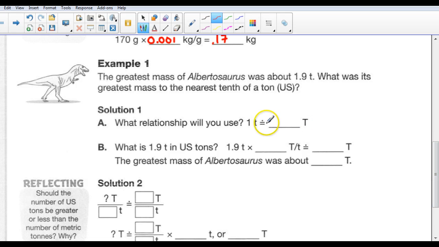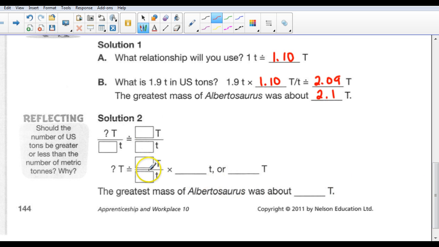So we're going to use that 1 ton is 1.10 tons. Okay, so what is 1.9 tons in US tons? Well, 1.9 times the conversion ratio of 1.10 large T tons to small t gives us an answer of 2.09 US tons. The greatest mass of Albertosaurus was about, well, we can round to the nearest tenth, let's say 2.1 tons. Okay?